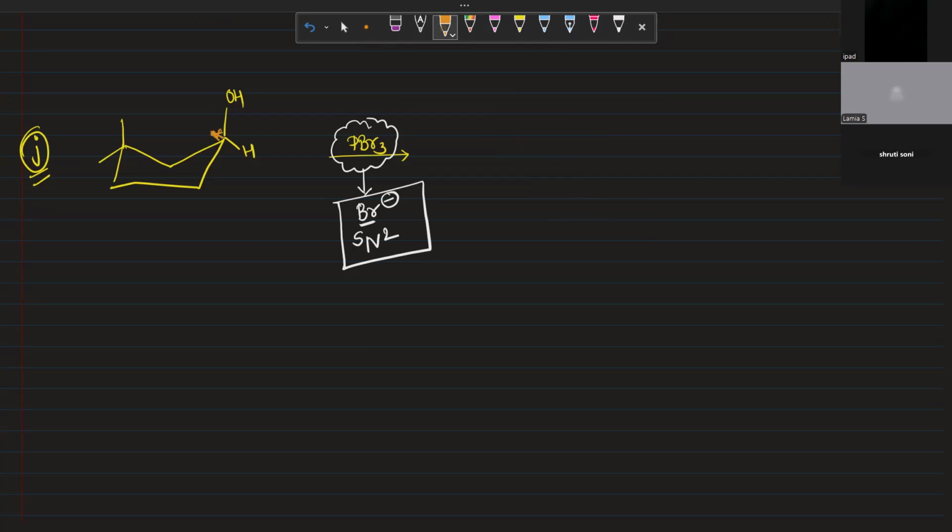Br will attack this chiral carbon from the backside. Why from the backside? Because this is a type of SN2. The OH will be removed. So what will be the product in this case? The hydrogen will shift to the upward side, and here Br will come. Any doubt?